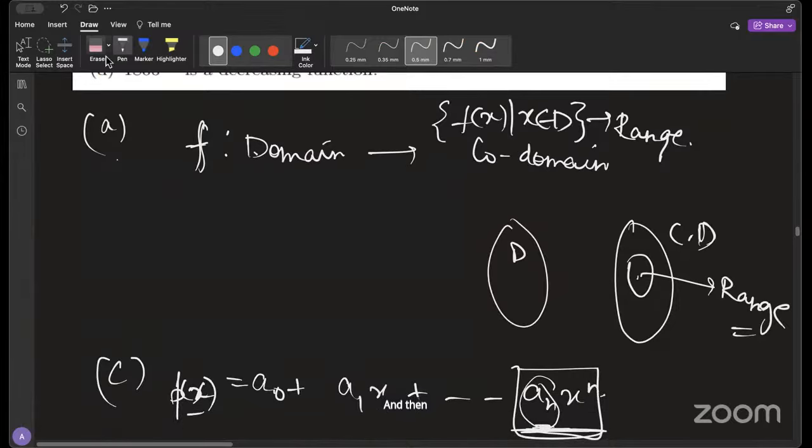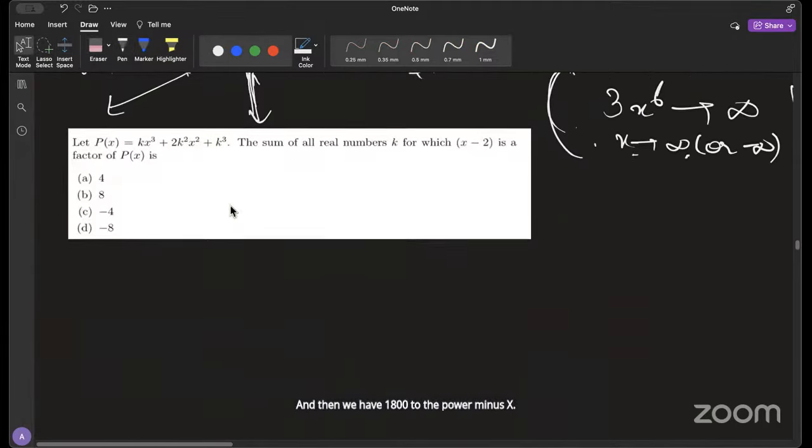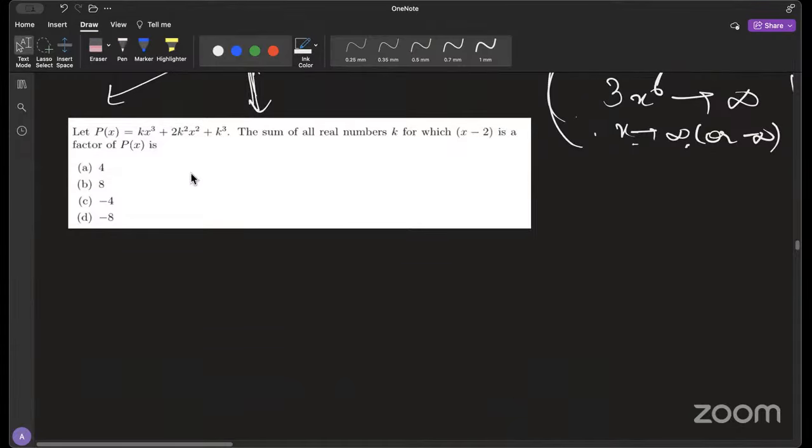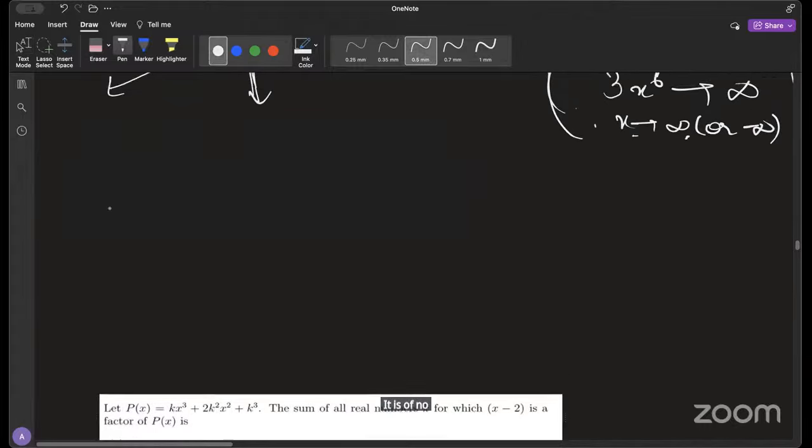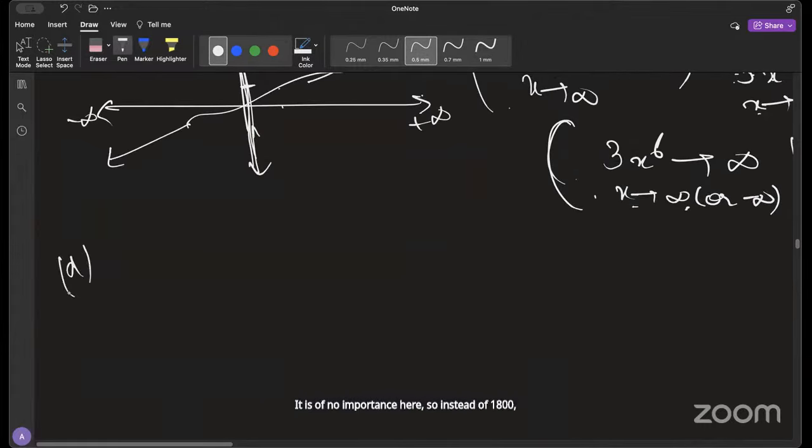And then we have 1800 to the power minus x. Because 1800 is of no importance here, instead of 1800, we can just take a to the power minus x. Now it looks like this, a to the power minus x.